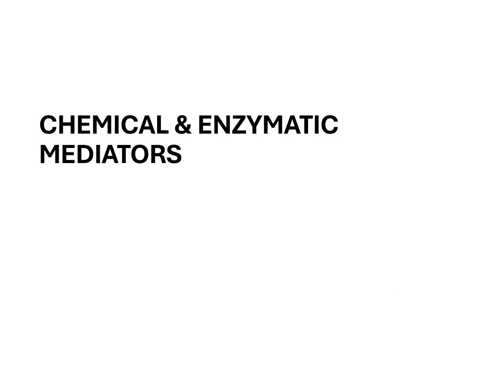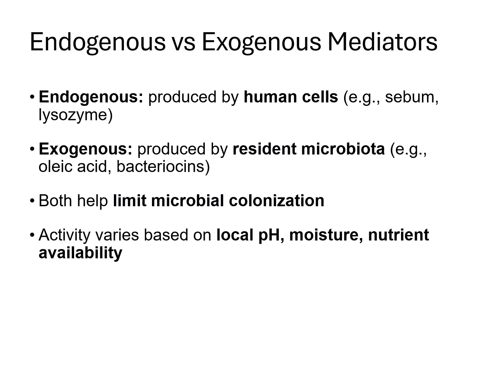This first section will introduce the chemical and enzymatic weapons our body uses, substances like lysozyme, lactoferrin, sebum-derived fatty acids, and others. Endogenous mediators are produced by our own cells, for example, sebum on our skin or lysozyme that's found in our tears and saliva.